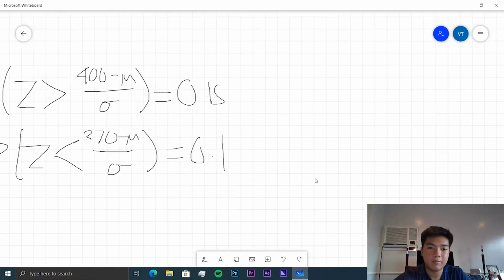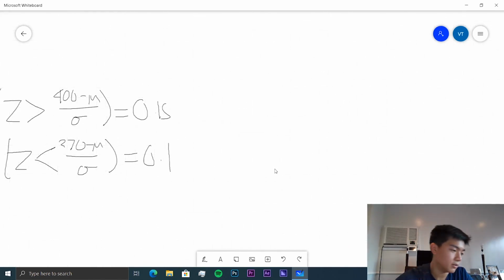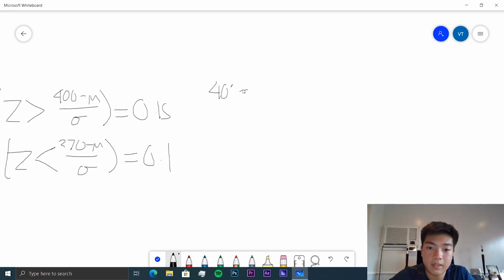So we can translate these into two equations. So 0.15, 1 minus 0.15 is 0.85. So we need to find a value for that. 0.85, that's around 1.04. So 400 minus mu over sigma is equal to around 1.04.